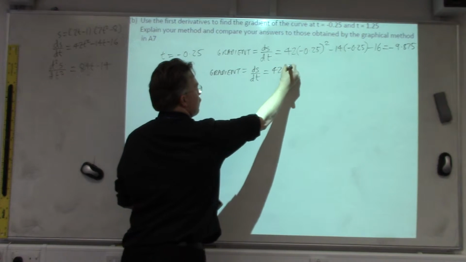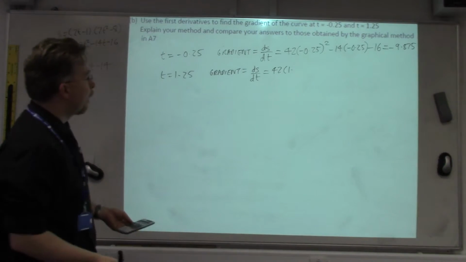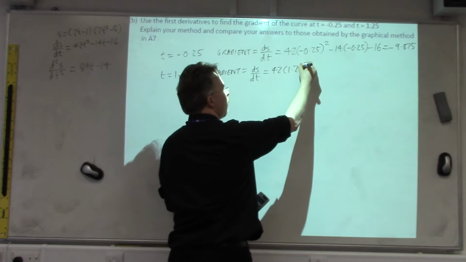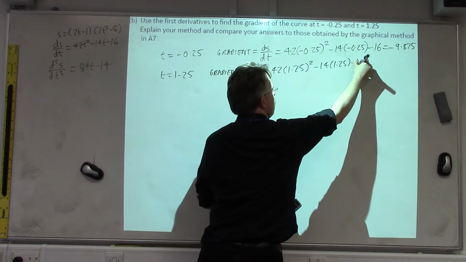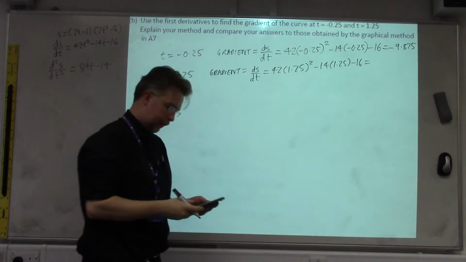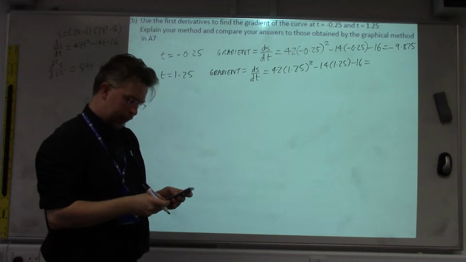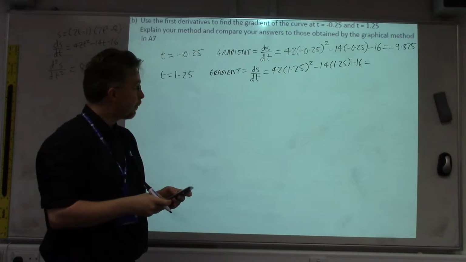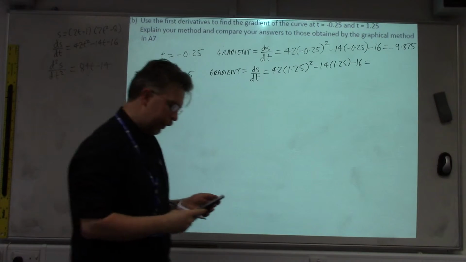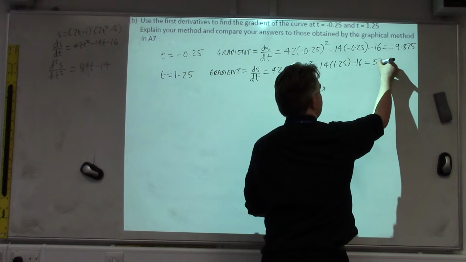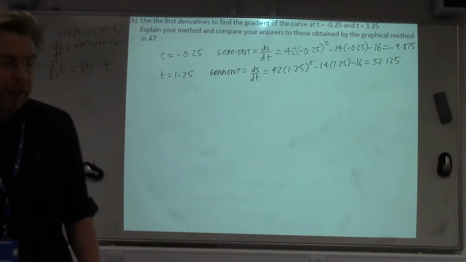So 42 times, and basically the same formula, but instead of minus 0.25 in the brackets, we can put 1.25 in the brackets. So doing that now, and I get 32.125. Again, that's what you need to do for the pass.